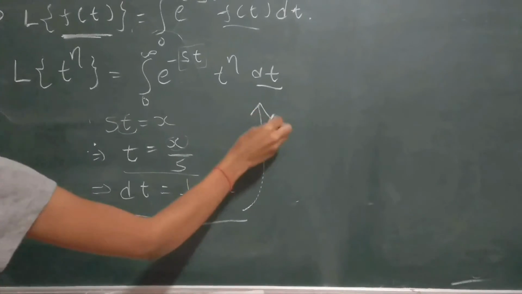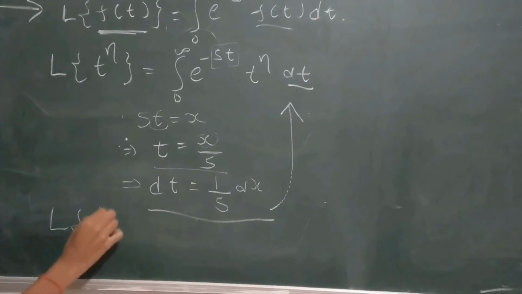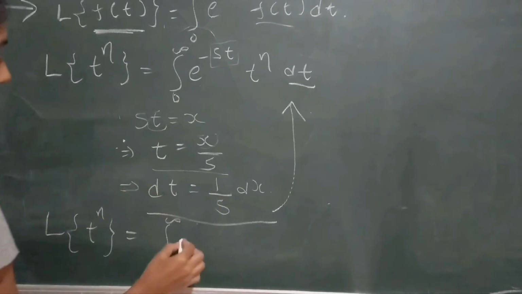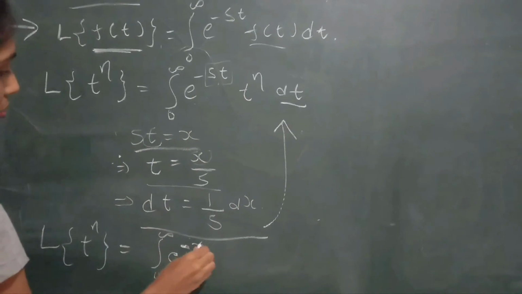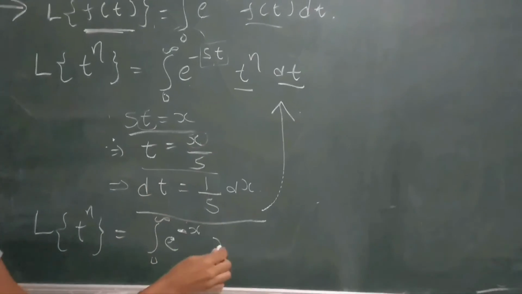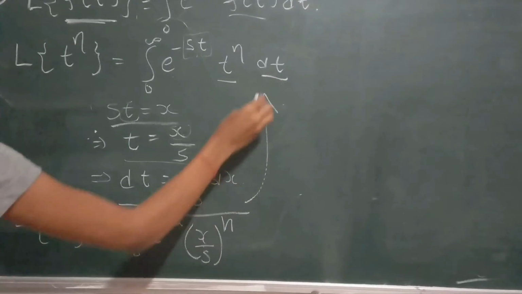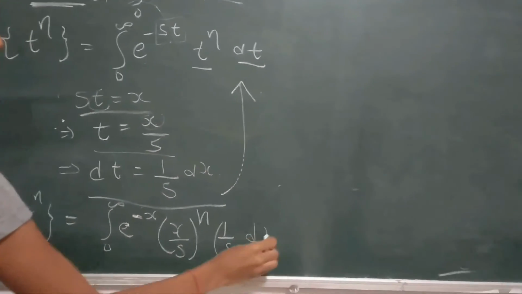Put this in this, so we get L of t raised to n is the integral from 0 to infinity of e raised to minus st, which is x, so e raised to minus x, times t raised to n, that means x upon s raised to n, times dt, which means 1 upon s dx.